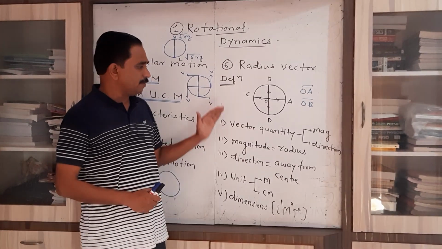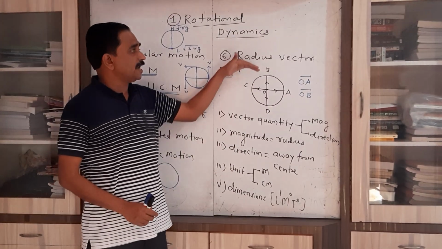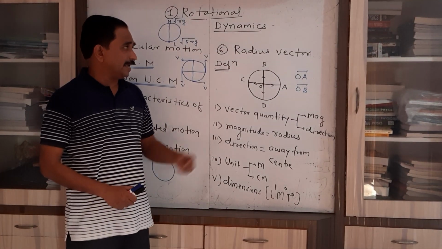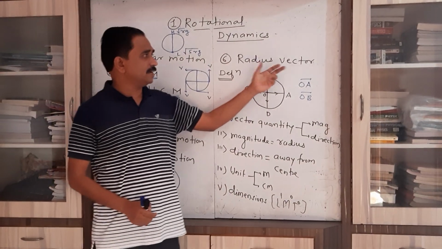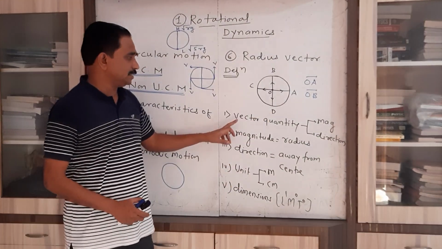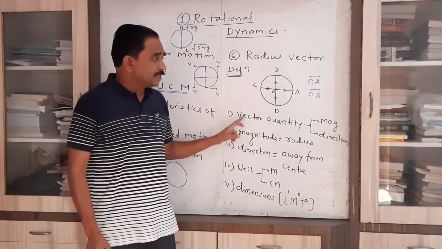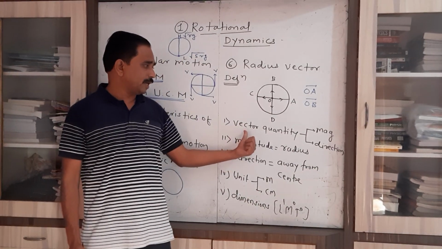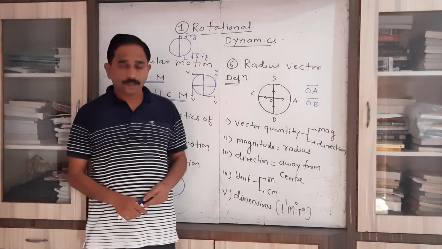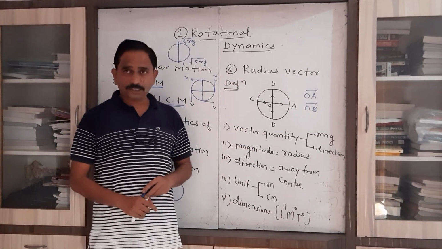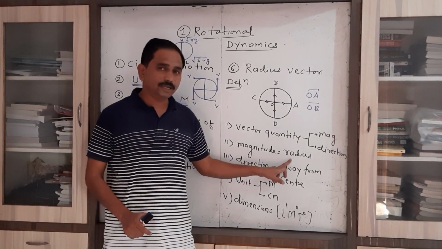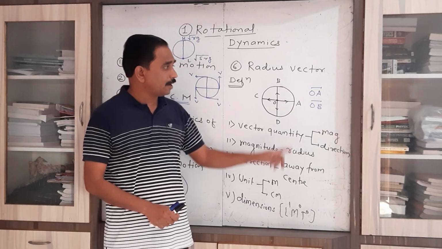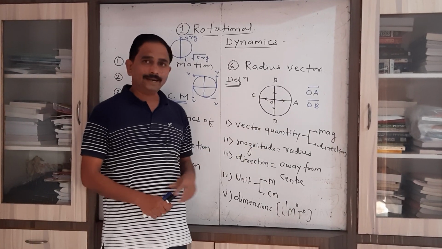Now you can keep in mind certain points related to the radius vector for objective questions. The name indicates a radius vector, so it is a physical quantity which has both magnitude and direction. That's why it is called a vector quantity. Now what is the magnitude of a radius vector? The magnitude of the radius vector is simply the radius of that circle or circular path followed by that object.